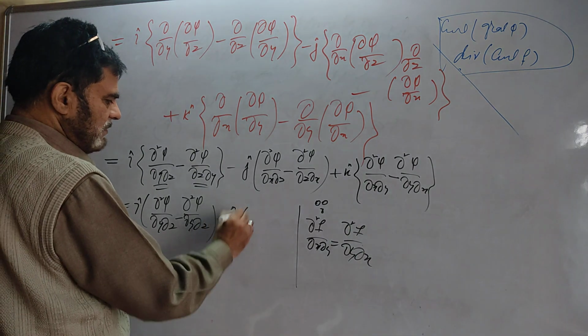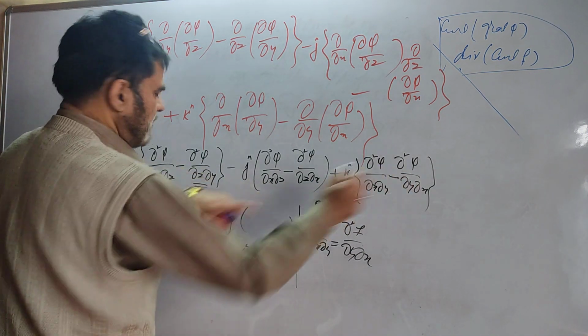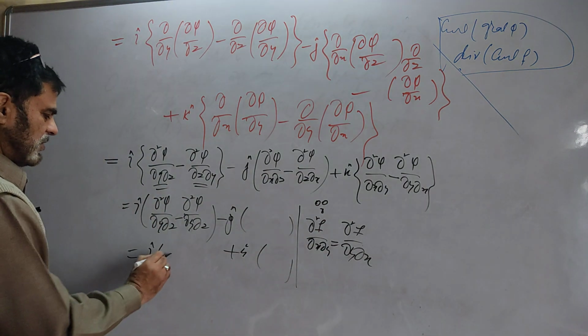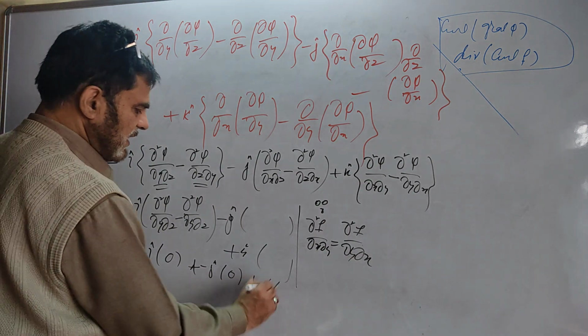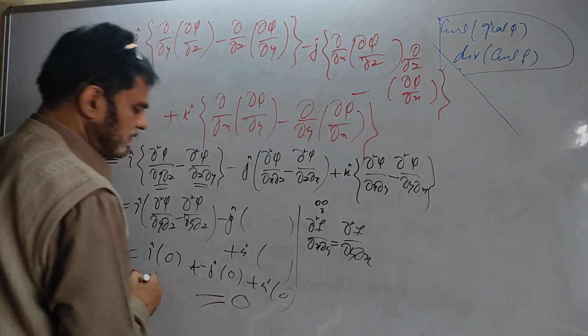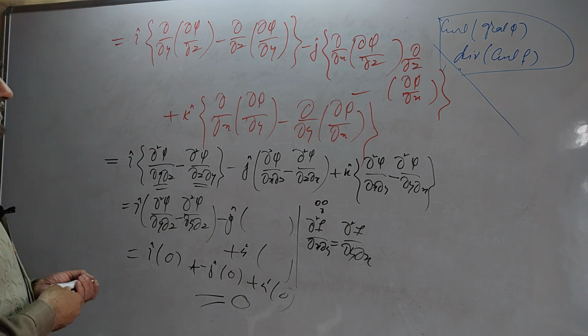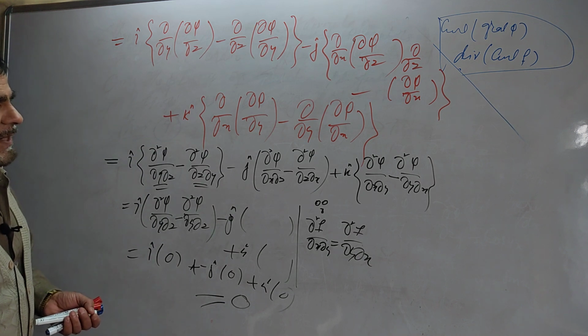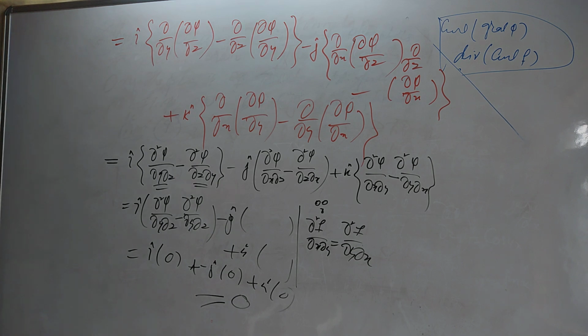Similarly, minus j times this plus k times this, this is equal to this. So this is i times 0 minus j times 0 plus k times 0. So this is 0. Therefore, we have proved that the curl of the gradient of phi is 0.